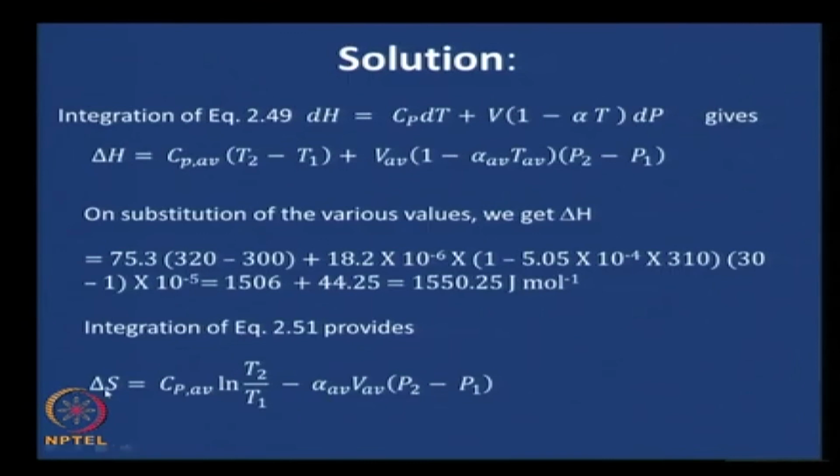Therefore, delta S would be, you have a dT by T term there along with a Cp, and therefore, if we take the Cp average value here, Cp average times ln of T2 by T1, integral of dT by T is ln T, and therefore, when you substitute the limits, you get ln T2 minus ln T1 or ln T2 by T1. Here this is straightforward, minus alpha average V average into P2 minus P1.